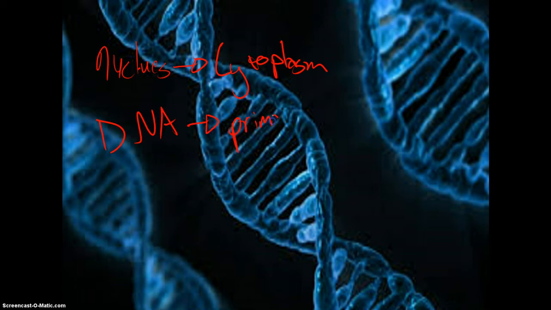You go from the nucleus to the cytoplasm. You have your DNA in the nucleus. That's going to get copied into primary mRNA.